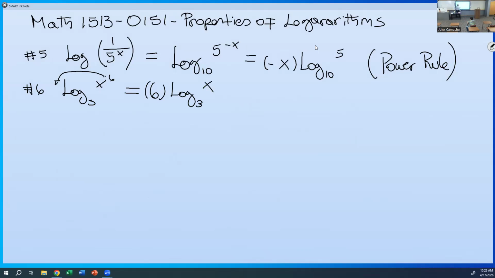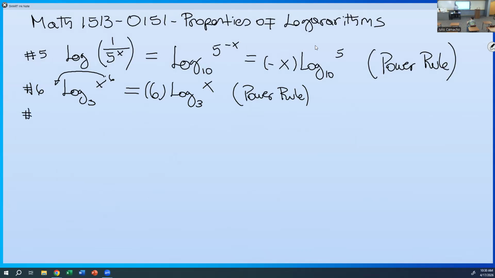That will be the answer. And again, we have used the power rule to simplify this expression. So any questions about that? No, sir. Okay, so let's go to number 7.